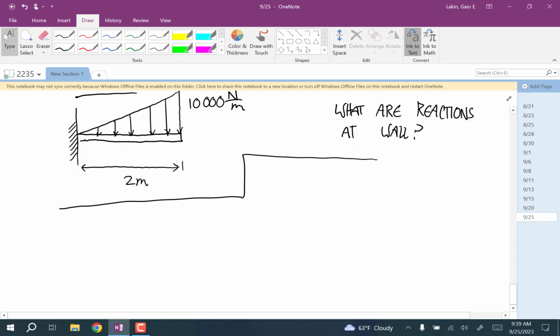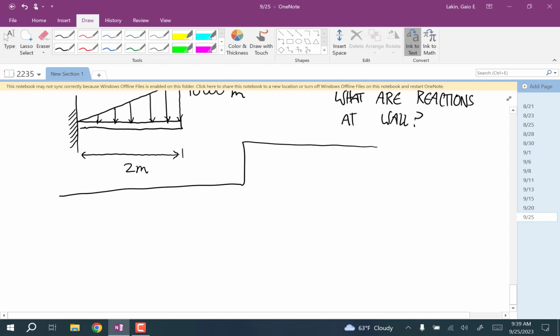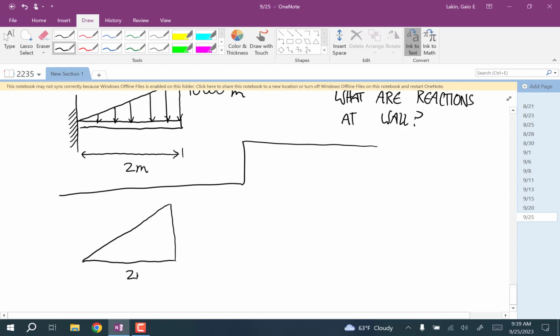Okay, well, let's first think about the centroid location and the area. So if this is the distributed load, and it has a base of 2 meters and a height of 10,000 newtons per meter.